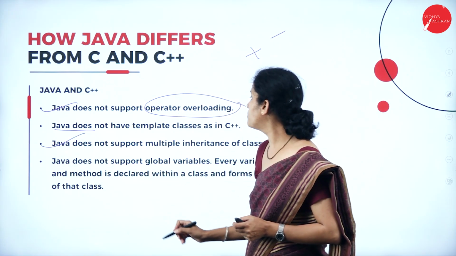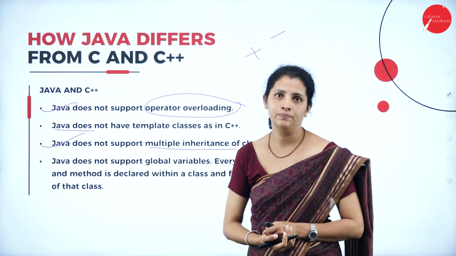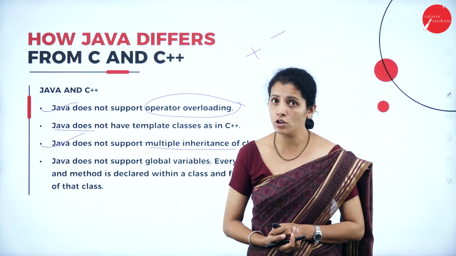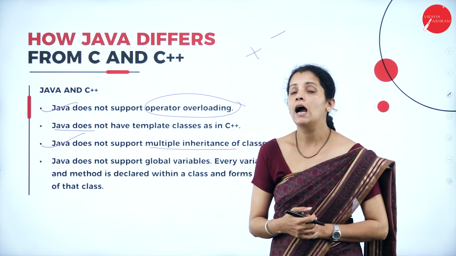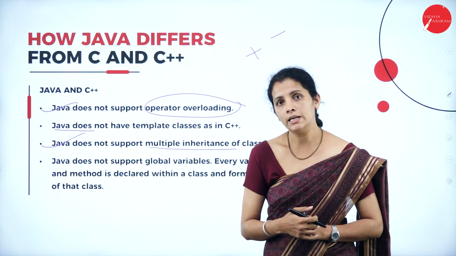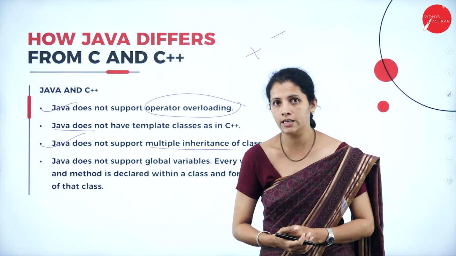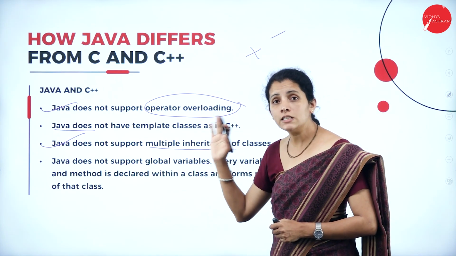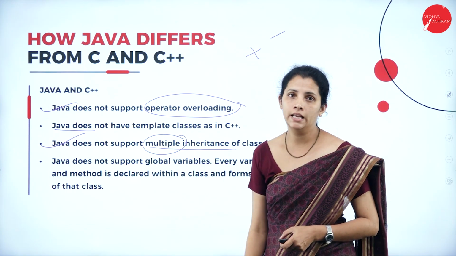Java does not support multiple inheritance of classes. So dear student, if I consider the inheritance concept in C++, then I have types like single inheritance, multilevel, hybrid, hierarchical, etc. But in Java, I do not have multiple inheritance.